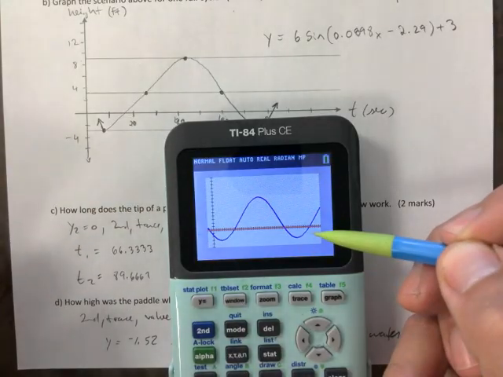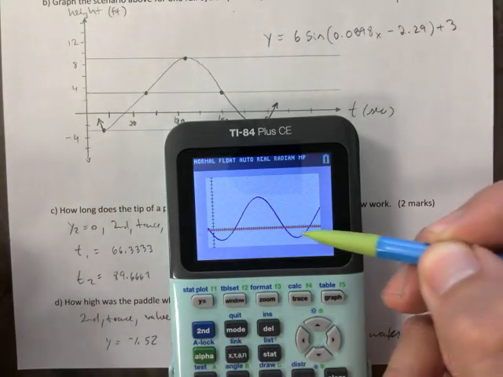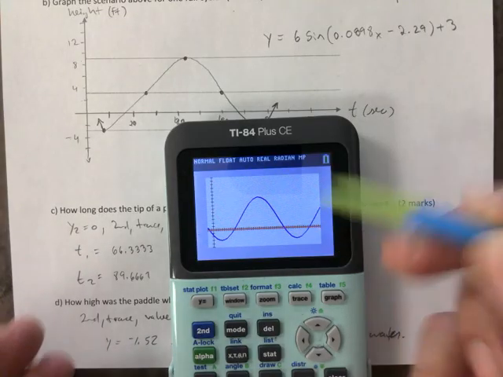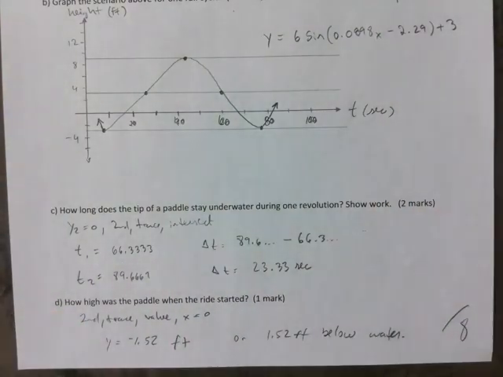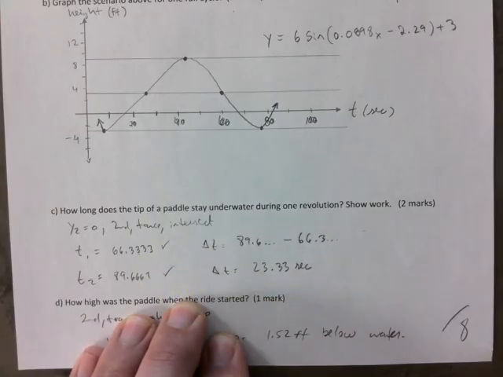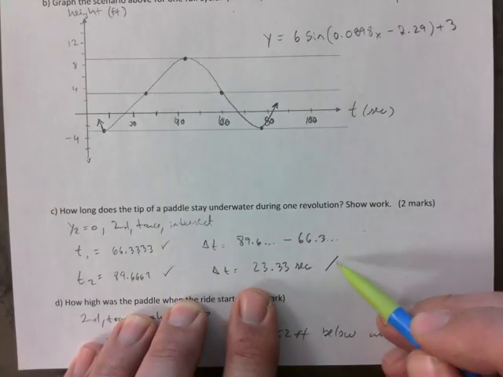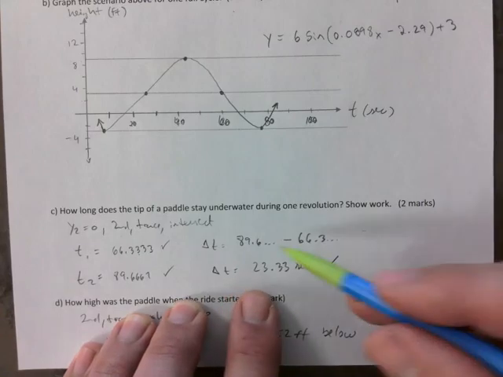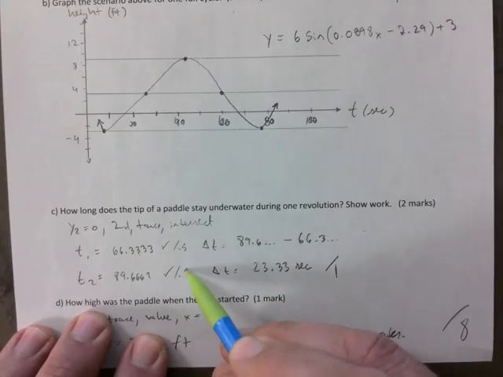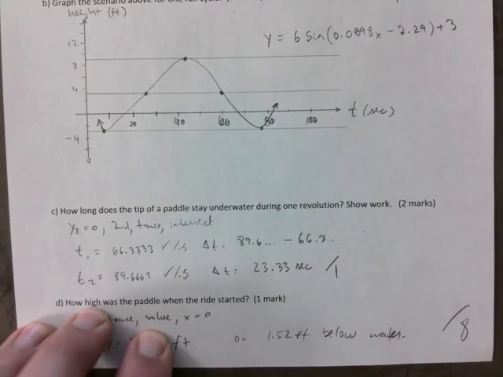But you've got to find a dip below the y equals 0 line. And then just subtract the 2 times you find. Regardless of which dip you picked, you get half a mark for the first time, half a mark for the second, and then a full mark for actually subtracting. So you get 0.5, 0.5, and then 1 mark for subtracting.